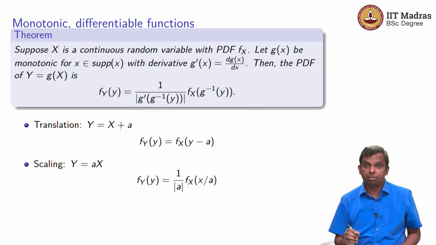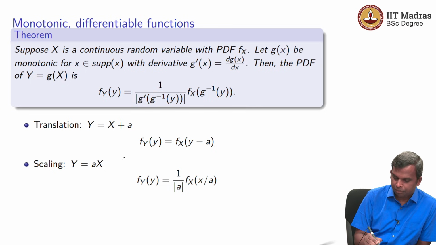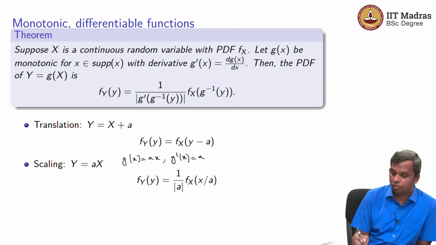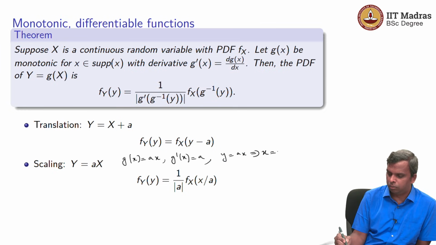So what about scaling? For scaling, g of x is a times x, and g prime of x is a. Then y equals ax implies x equals y by a, so g inverse of y equals y by a.